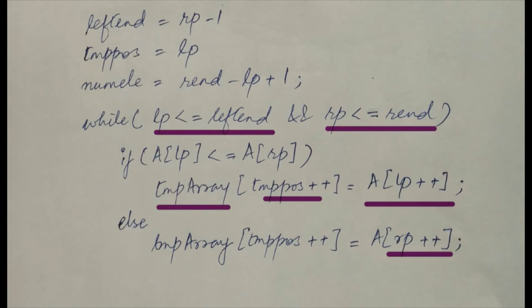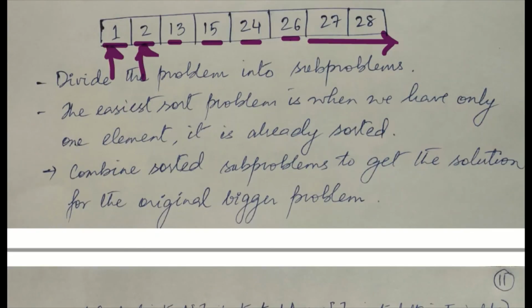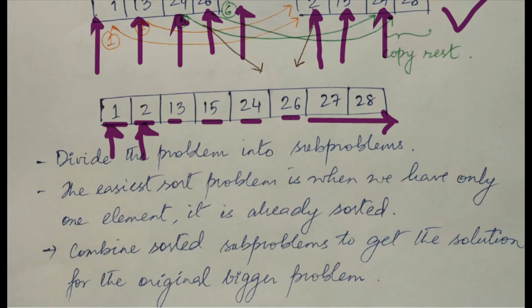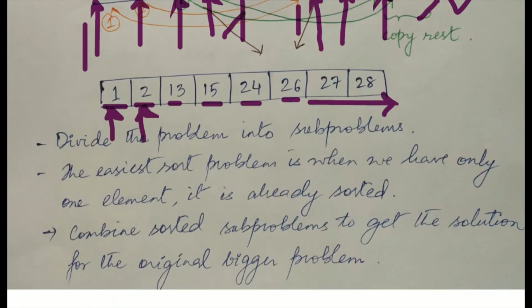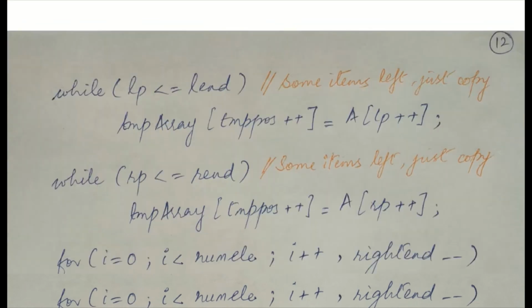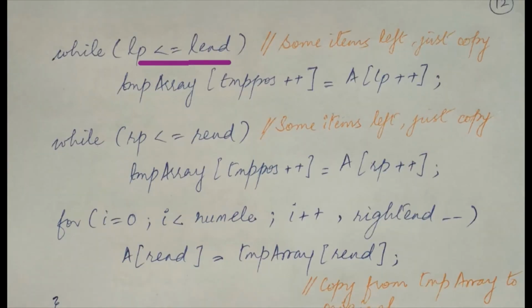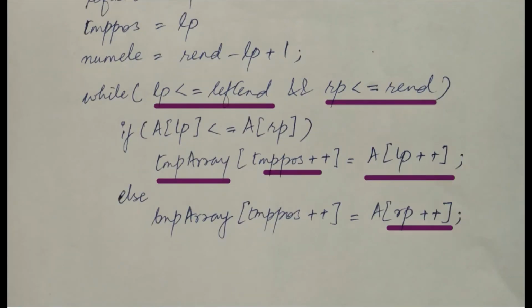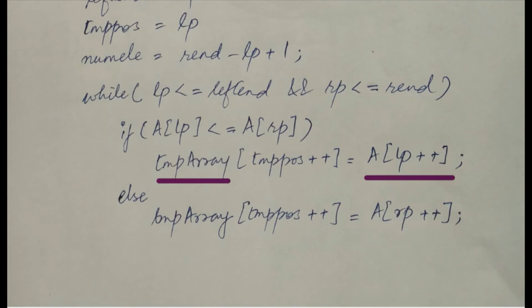For the left pointer the end is here, and for the right pointer the end is here. The right pointer starts from here, the left pointer starts from here. Now one of these two pointers can come to an end before the other, which happened in our case.